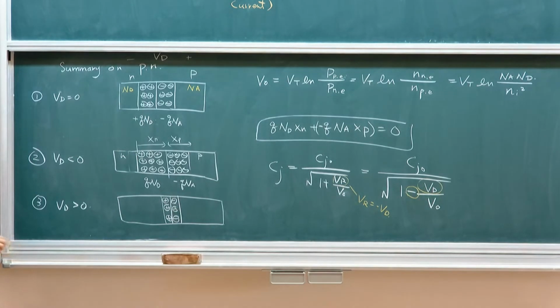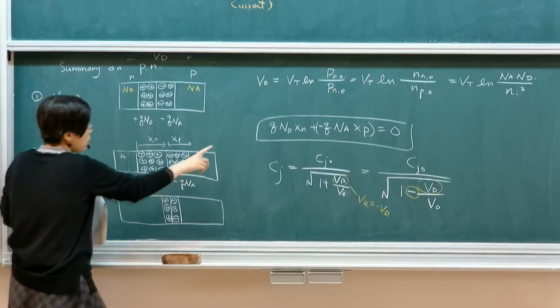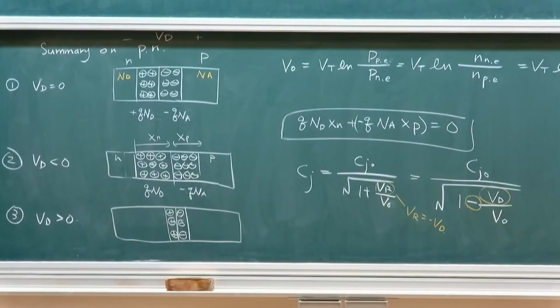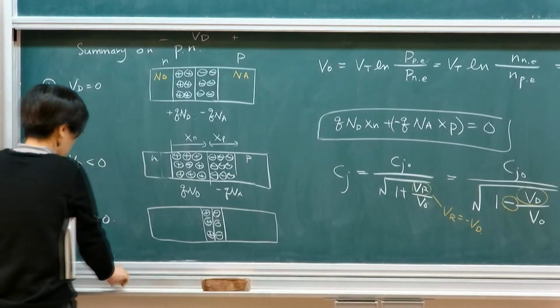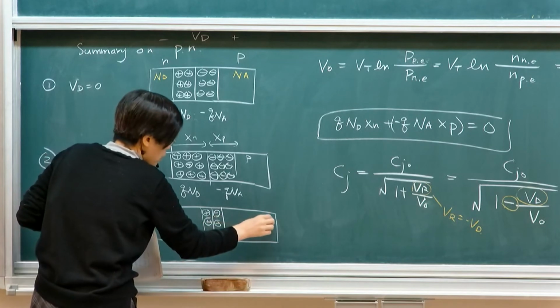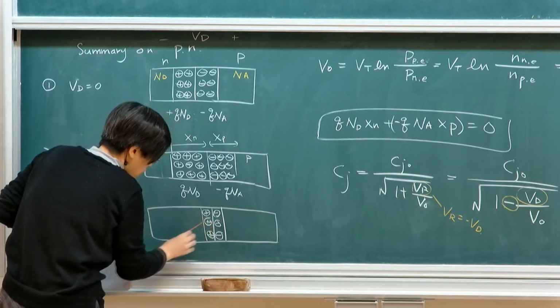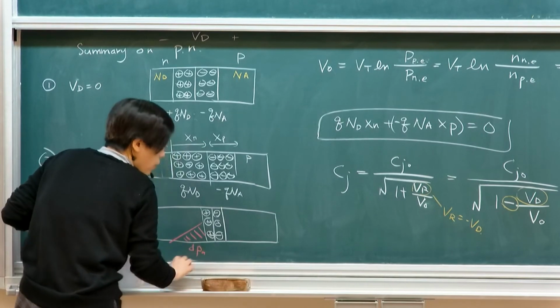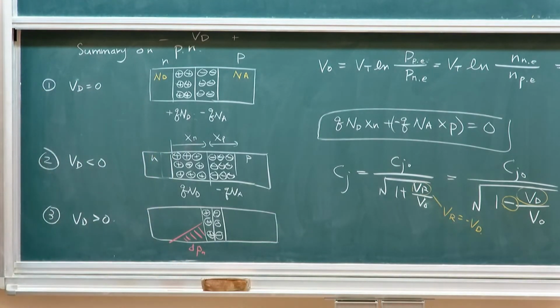So we get a narrow depletion region. This still holds. I want to mention all three conditions: charge neutrality has to hold. And what happens is that I would then have excess holes here, delta Pn, and I will also have excess electrons going to the other side.